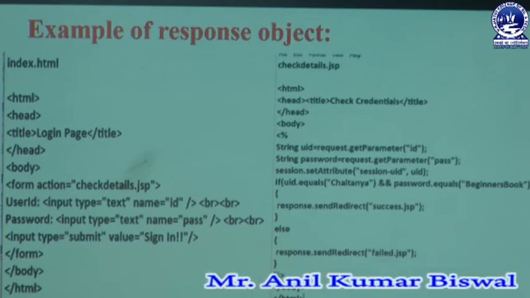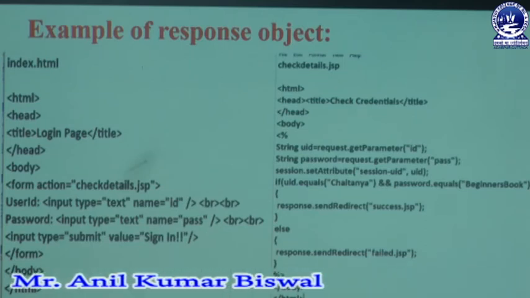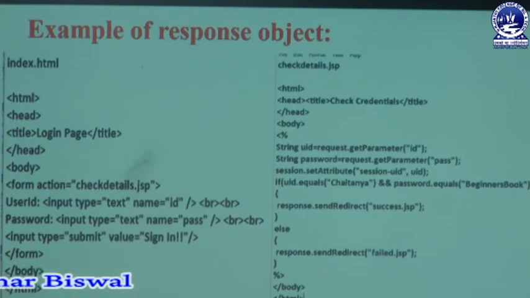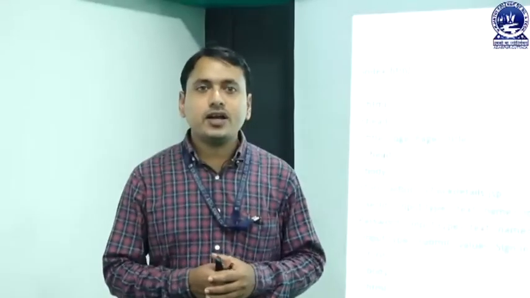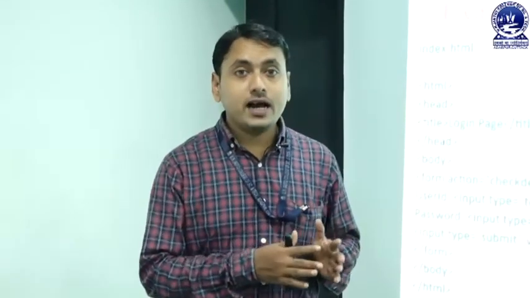Before going to discuss this response object, we are considering one technique. In a real-life example, we are using some type of Facebook or Gmail account. At that moment the user must write their username and password.